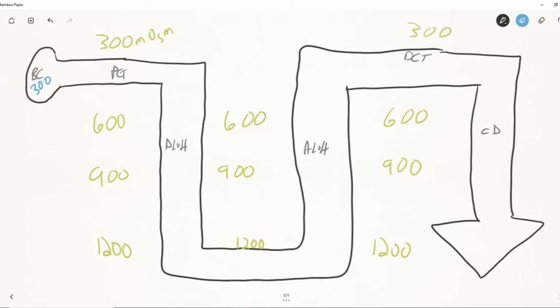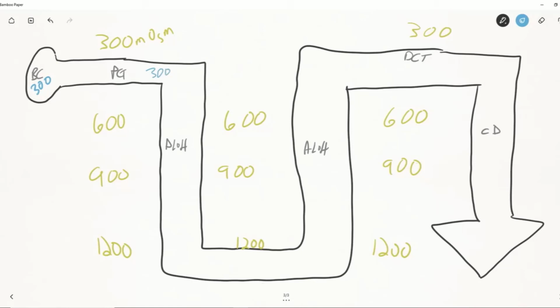Now, as we move through the proximal convoluted tubule, the PCT, we are reabsorbing water, but we're also reabsorbing solutes. So, when we get to the end of the PCT, the osmolarity of the filtrate is still about 300 milliosmoles.